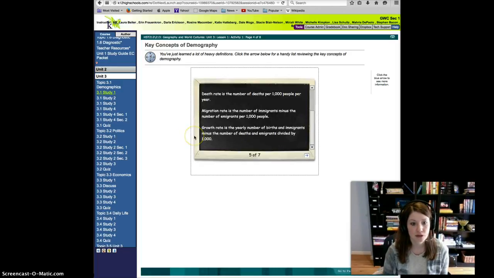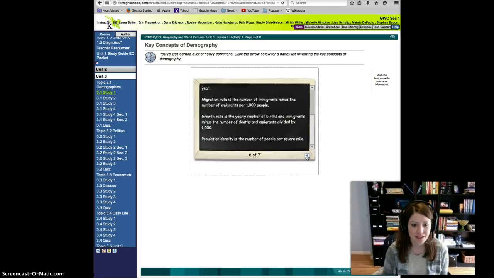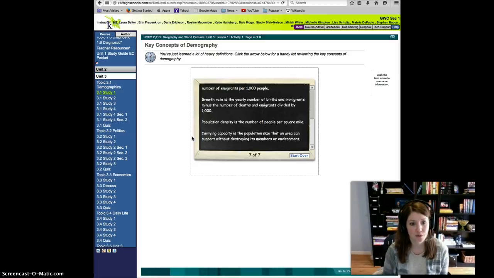Growth rate is the yearly number of births and immigrants minus the number of deaths and emigrants, divided by 1,000. Population density is the number of people per square mile. And carrying capacity is the population size that an area can support without destroying its members or environment.